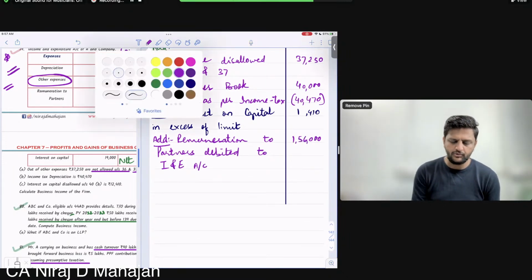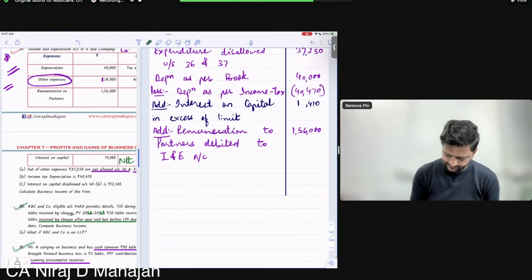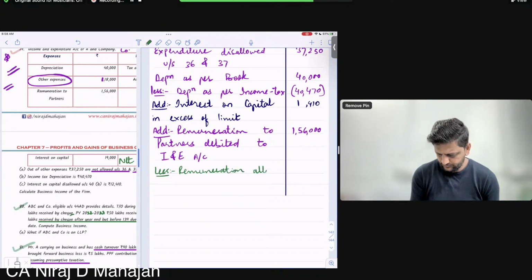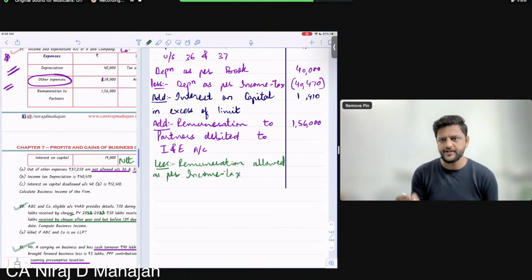And now we come to the most important part, less as per 40B. So less remuneration allowed as per Income Tax Act. Is it okay, everybody? Just the same adjustment like your depreciation. So working note 1.